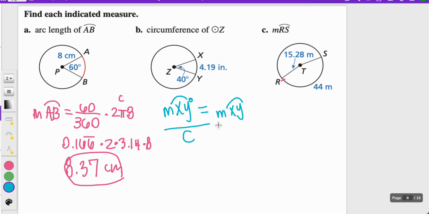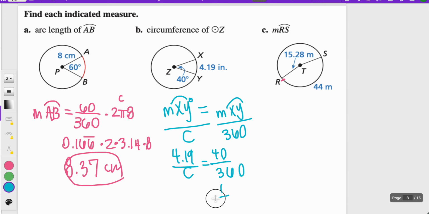This is the actual measurement over the degree measurement, which would be 360. Okay, so the measurement of arc XY is 4.19 over circumference equals 40 degrees over 360.